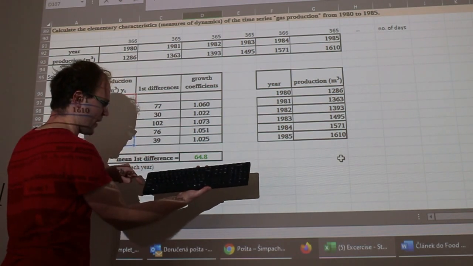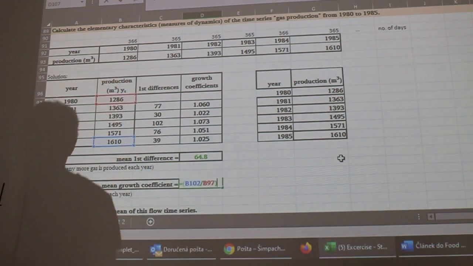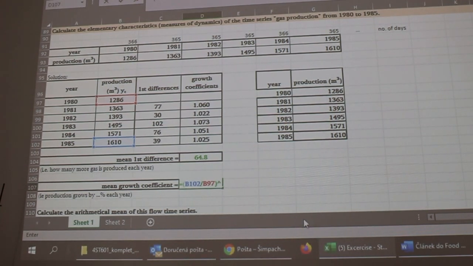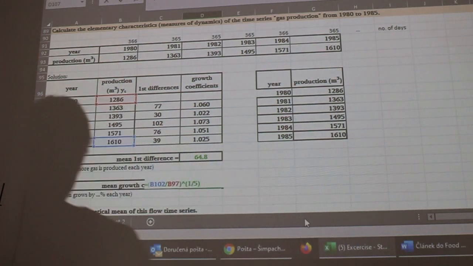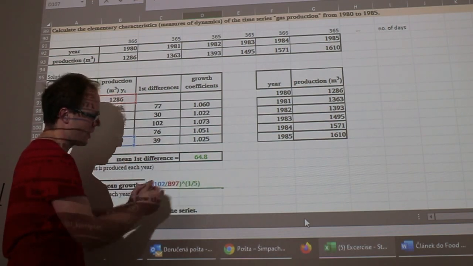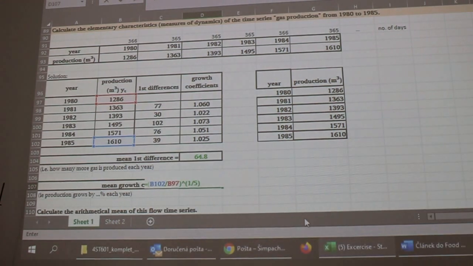Shift and 6, and you will see hat. So please use this power function, powered by 1 divided by 5. Why 5? Because the root is n minus 1, 6 minus 1, result is 5. Okay, so calculate this relative coefficient. Enter.